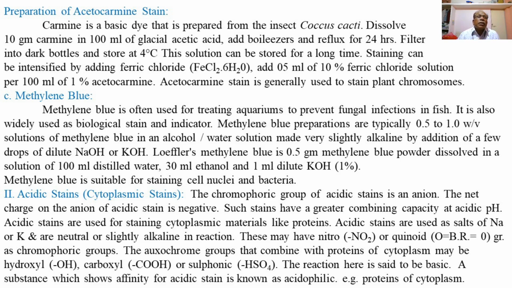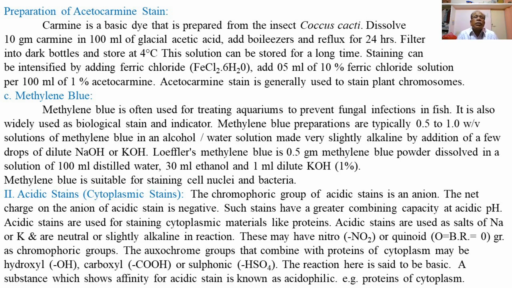Carmine is a basic dye that is prepared from the insect Coccus cacti. For the preparation of acetocarmine, dissolve 10 gram carmine in 100 ml of glacial acetic acid, add boiling chips and reflux for 24 hours, filter into dark bottles and store at 4 degrees centigrade, that is in cold condition.